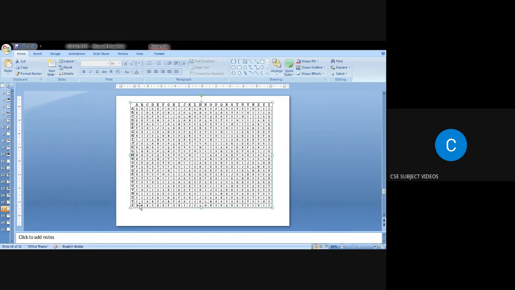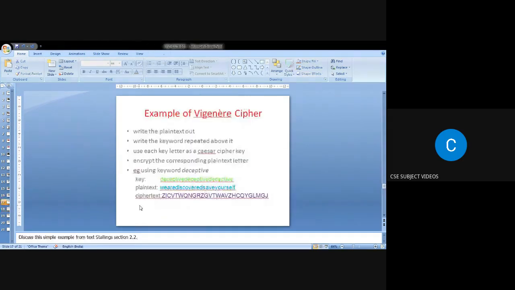Now we can go with the example. Here the given keyword is deceptive, and the plain text is: we are discovered, save yourself.